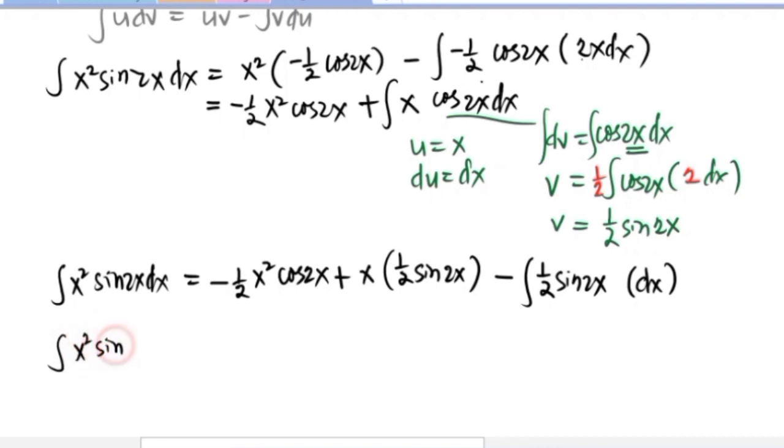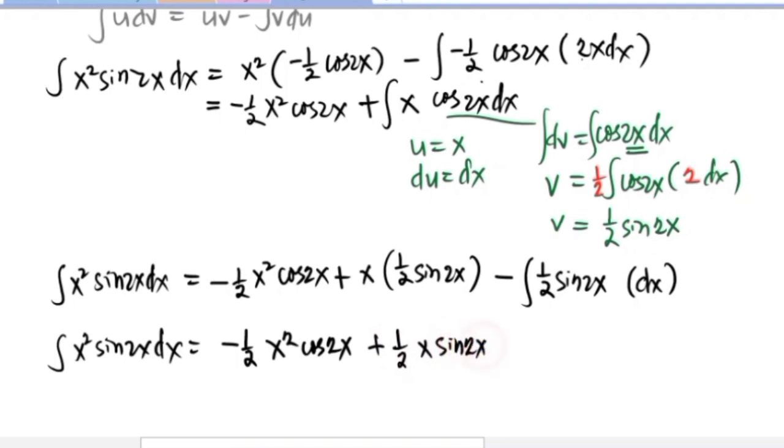So x squared sine 2x dx is equal to negative 1/2 x squared cosine 2x plus 1/2 x sine 2x. And dito, since the derivative of 2x is 2 dx, so we multiply 2 here and 1/2 dito sa labas.